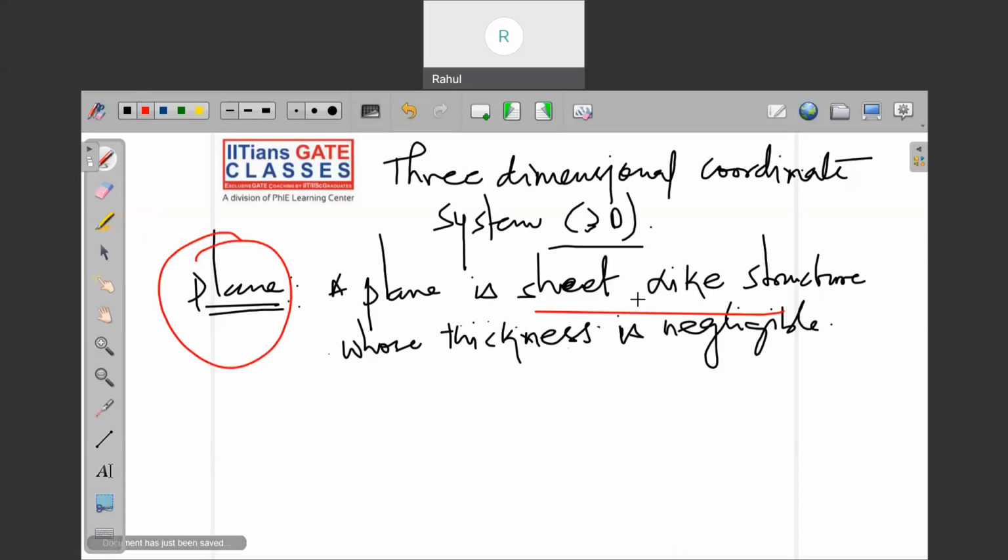Just take one paper, and that is going to be your plane, because the paper also does not have any thickness, right?